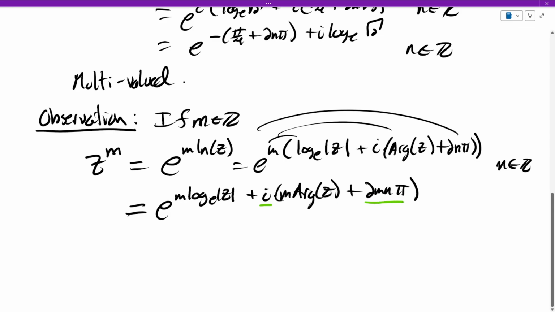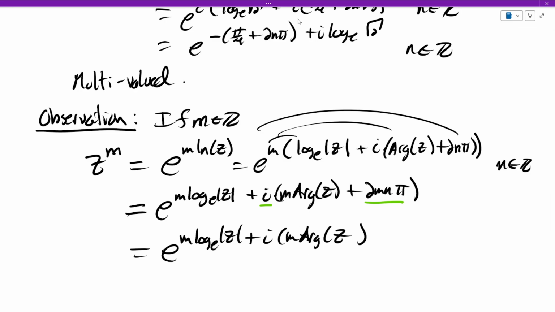We have i times 2mn pi. m and n are integers, though. And so, since m and n are integers, this is just another full rotation. In particular, this is all happening within the exponent of e, so it's going to be periodic. So this term here doesn't actually affect the output. So we can write this as e to the m log base e z plus i m arg z, and it's the same thing.